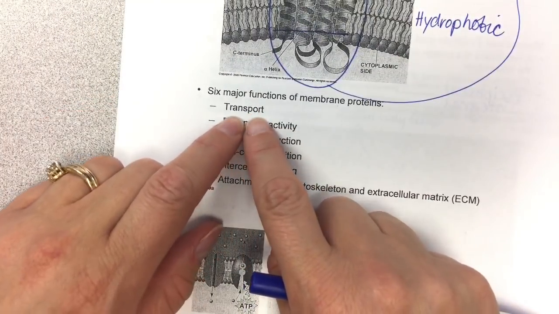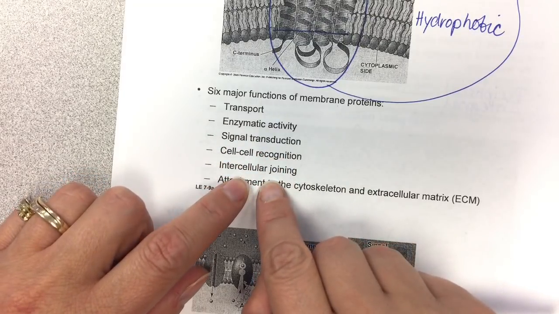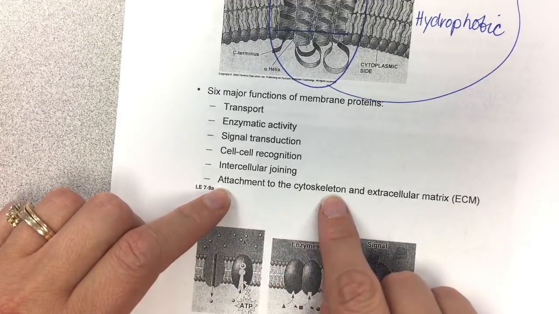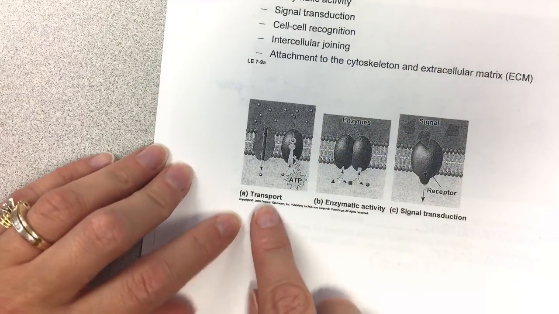So what are these functions of the membrane proteins? They can be involved in transport, enzymatic activity, signal transduction, cell-to-cell recognition, intercellular joining, and attachment to the cytoskeleton and the extracellular matrix. So let's talk about each one of these here. So here's transport.